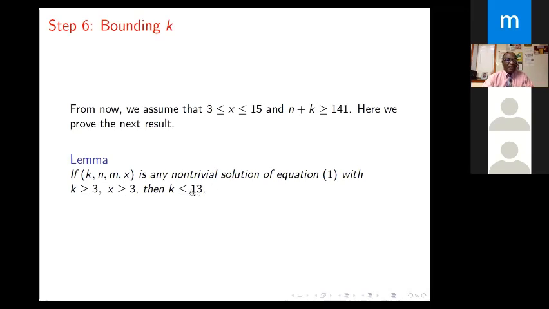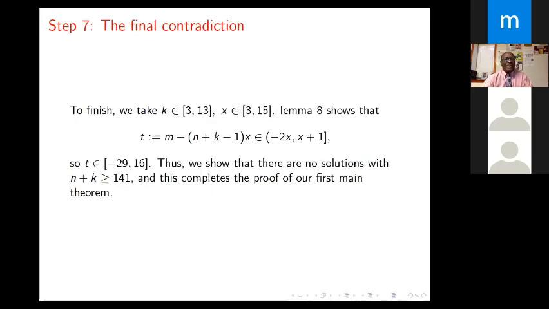So again, with a big number, we can handle that with a computer. So finally, the computation is done with k between 3 and 13 and s between 3 and 15.